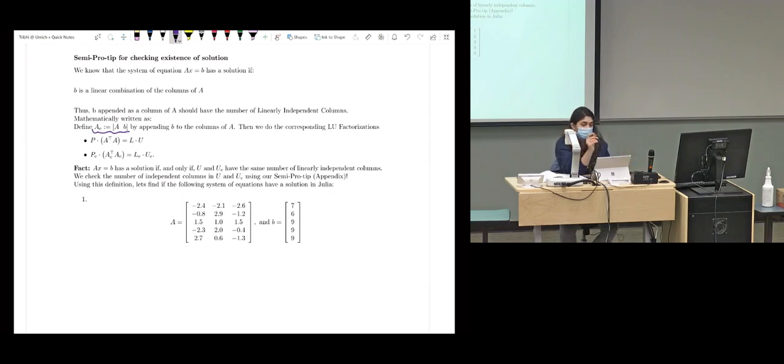Intuitively, why you can see that's true is that if A was written as different columns and so on, let's say that this had K linearly independent columns. These are K linearly independent vectors.